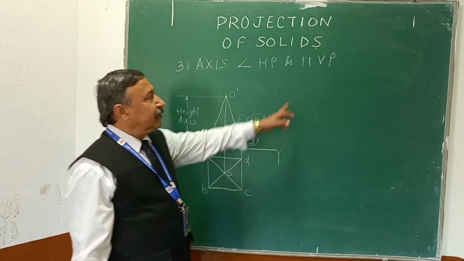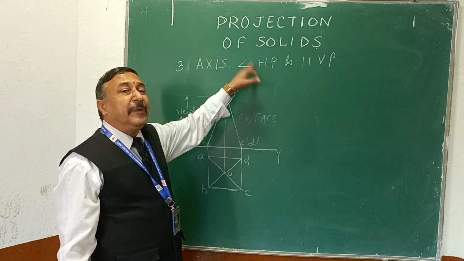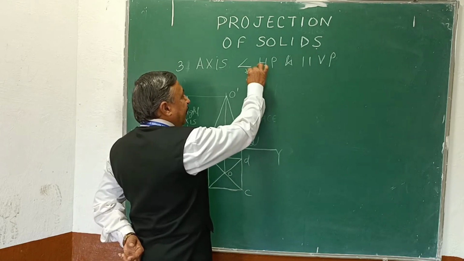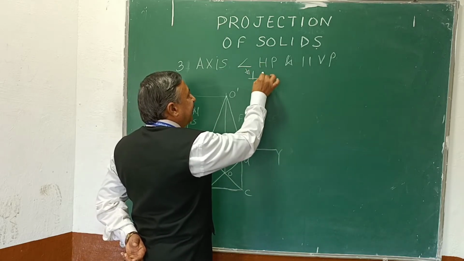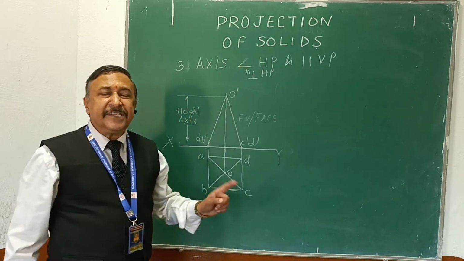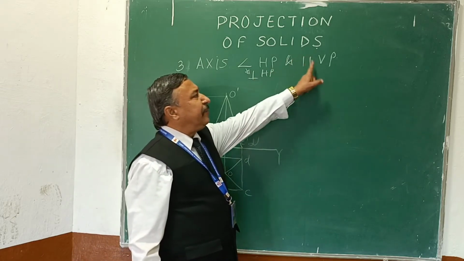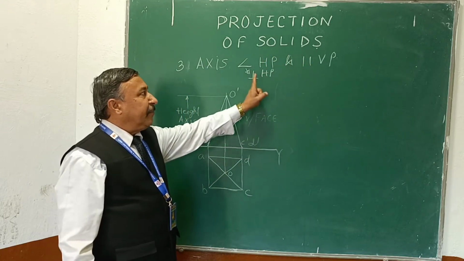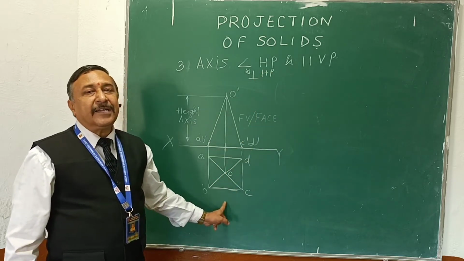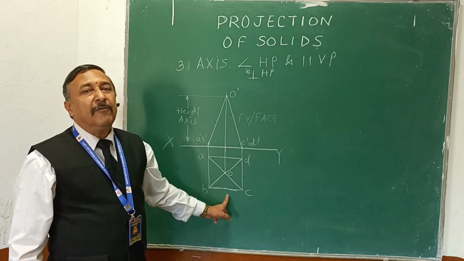So first we assume that this is perpendicular. Our initial position is perpendicular to HP, as we have drawn last time. So this same position we draw first.